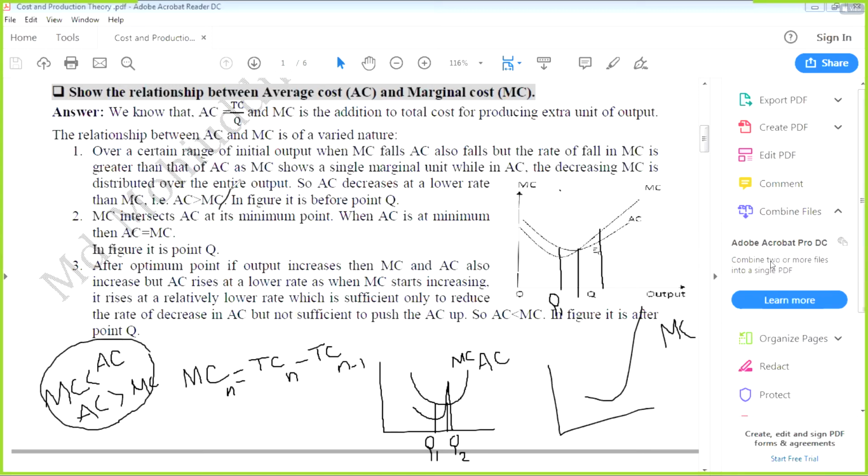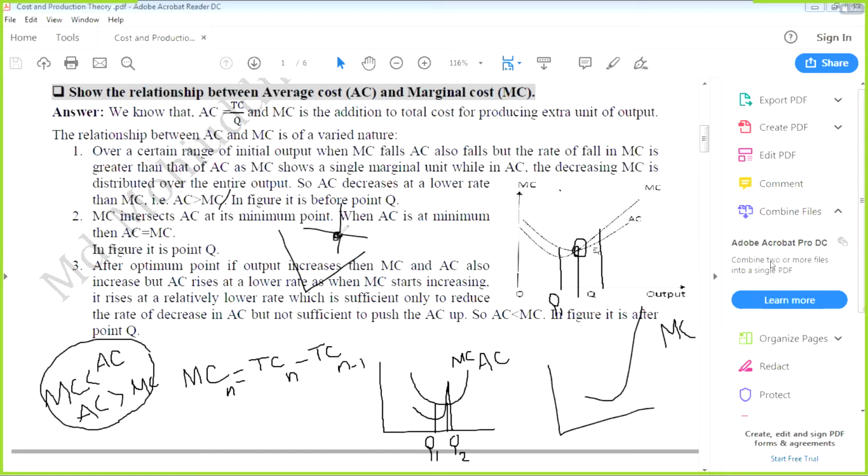Now if you increase your output to the Q2 point, look, here one curve intersects another curve. At the intersection point, the slopes are equal.